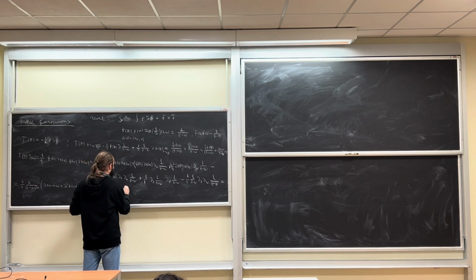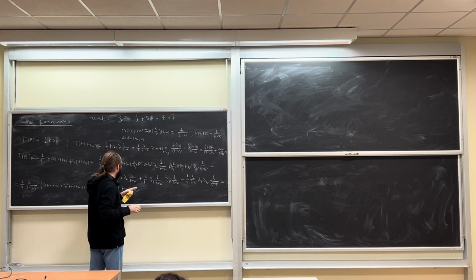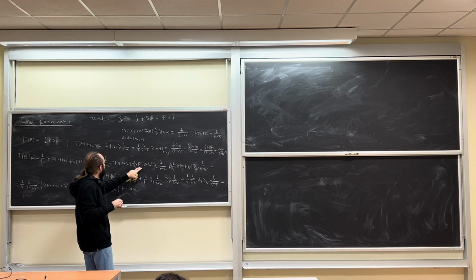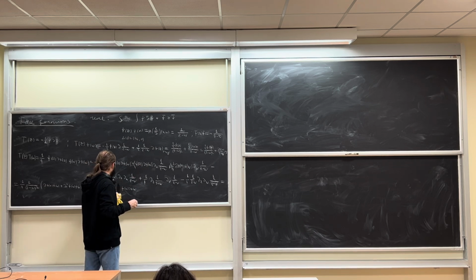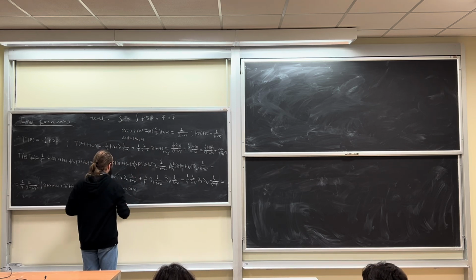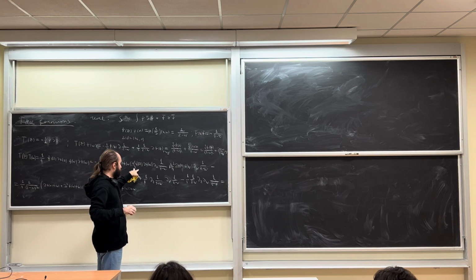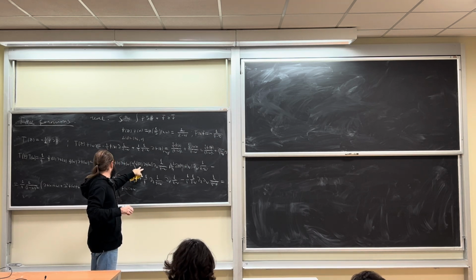So it is psi of w, d psi of w, and the second term where we try to compute d psi of w squared will be 0. So it's just one term coming from here.